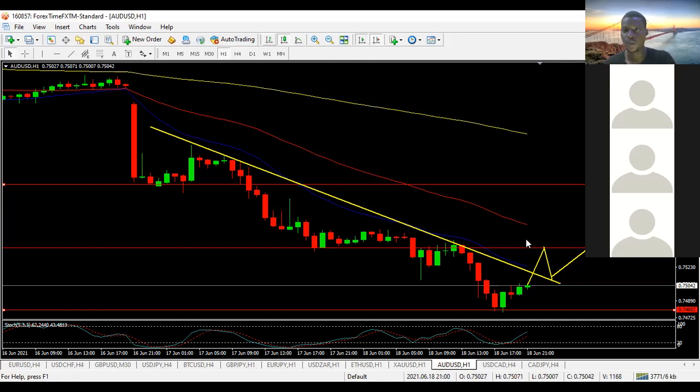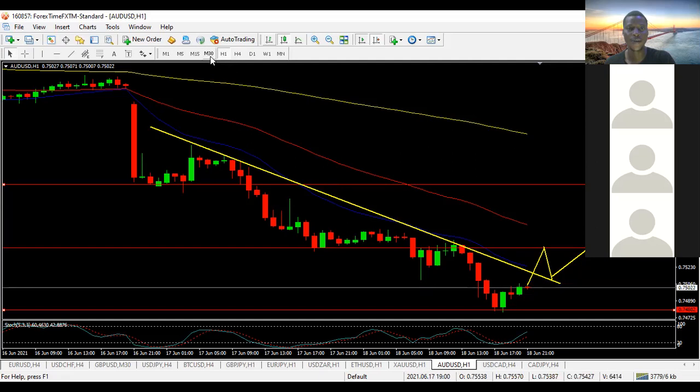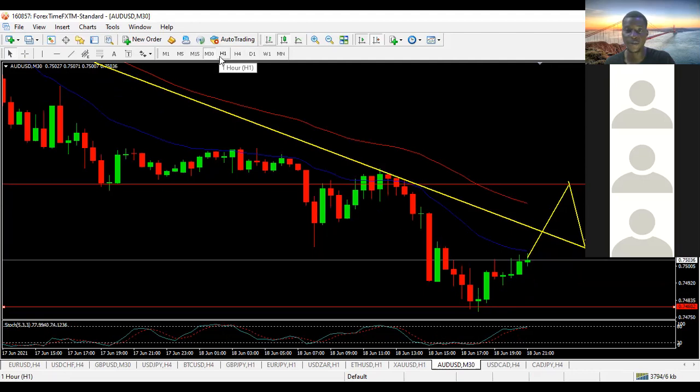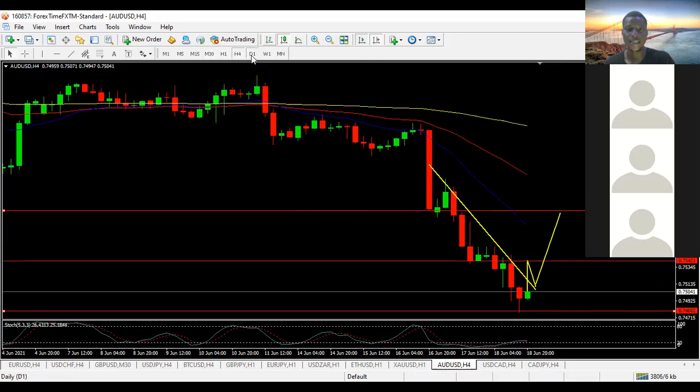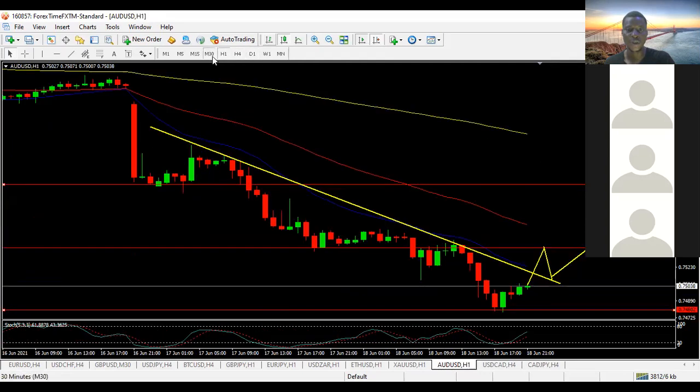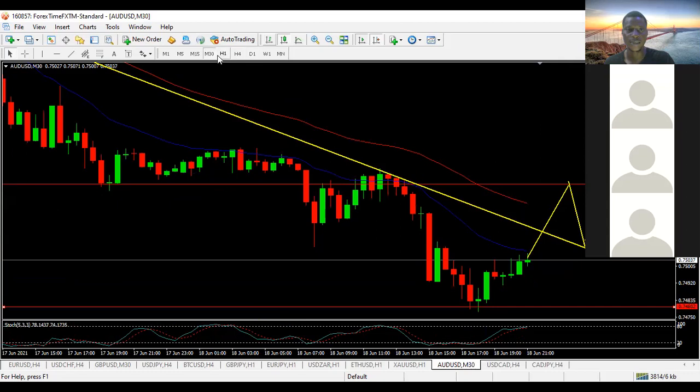Entries are very, very important. The time frames I use to get entries are 1 hour and 30 minutes. We use the 4 hours and daily for analysis, but if you want to get your entry, you use 30 minutes probably. Don't go below, except you want to scalp.